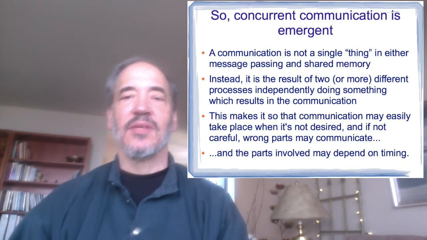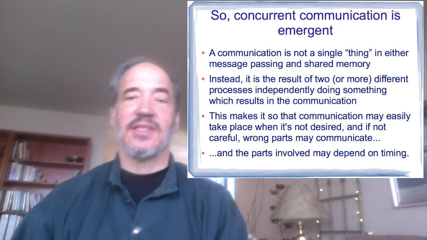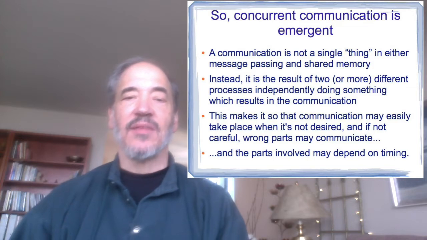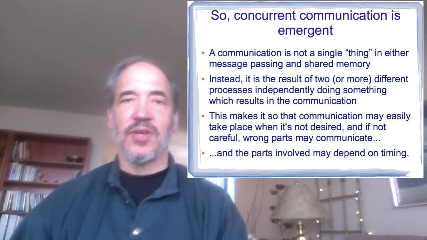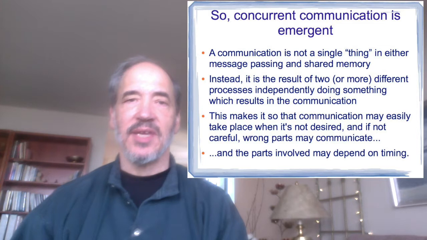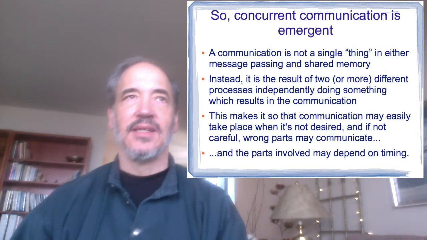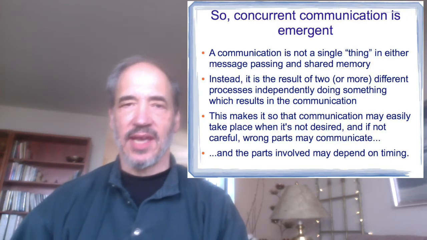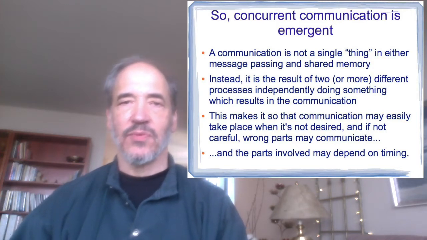And that makes it so that communication may easily take place when it's not desired, and if not careful, the wrong parts may communicate. And the parts that are involved in the communication may actually depend on the timing in the individual processes, so that if one process gets to a certain point before the other one, then one kind of communication will occur, otherwise another kind will occur.